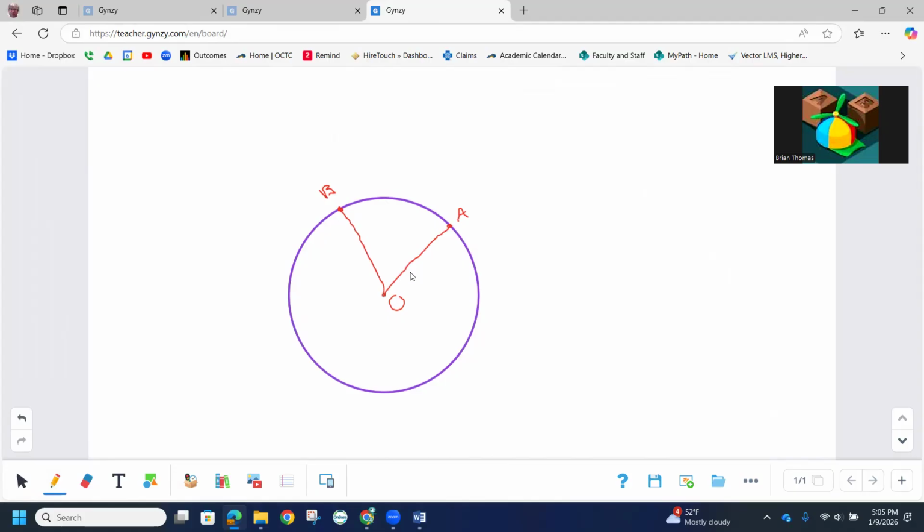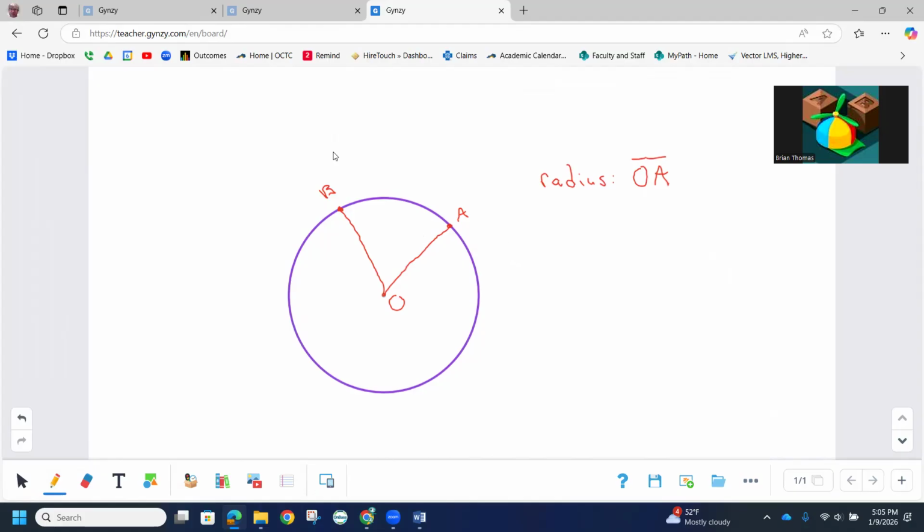There are infinitely many points on the circle, so there are tons and tons of these distances. These distances are called radiuses or radii. A radius is from the center to a point on the circle. Notice it's a line segment. So from O to A would be considered a radius.